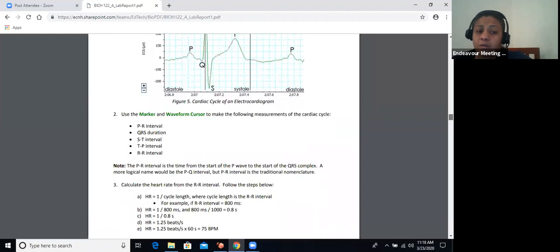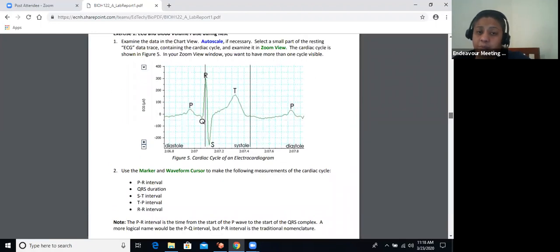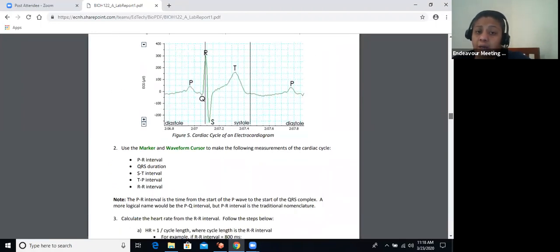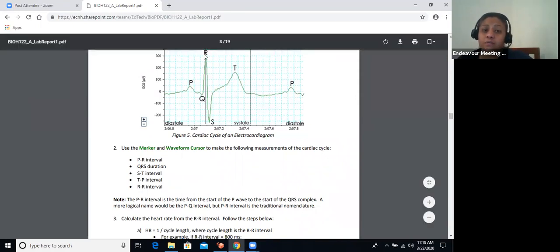To calculate the heart rate of a person, we measure the RR interval. RR interval is the duration from the first R wave to the next R wave, which will be somewhere here if I'm following the ECG. Ideally speaking, we count the number of small squares and then multiply by 60 and things like that.